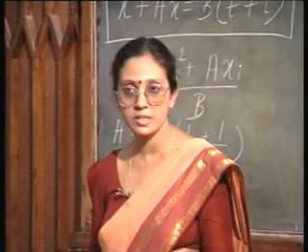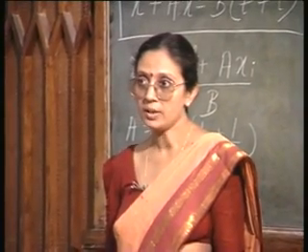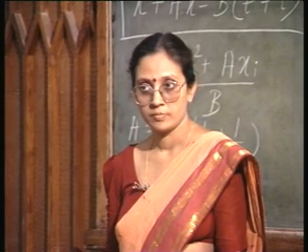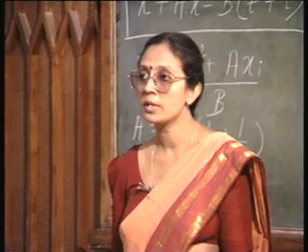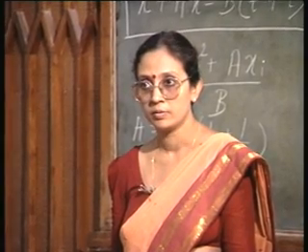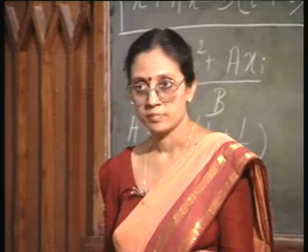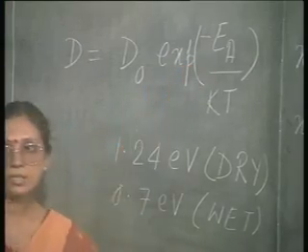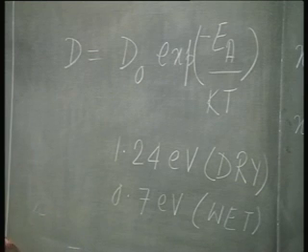The activation energy matches with the diffusivity. This is a further proof to the Deal-Grove model. Experimentally, it is verified that if you plot B versus 1 by kT, you get that this activation energy is 1.24 for dry oxidation, which sort of matches with the diffusivity of oxygen through silica.